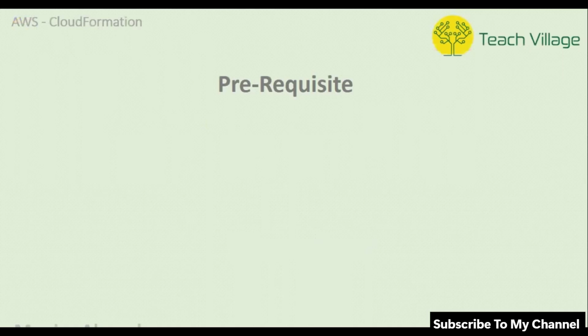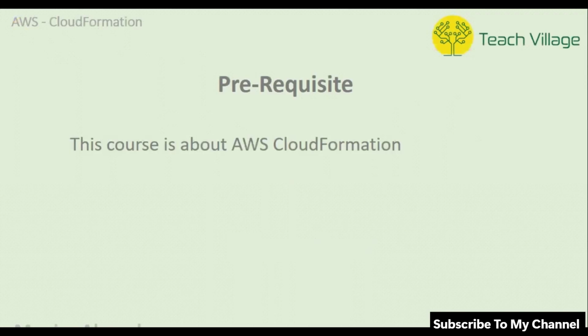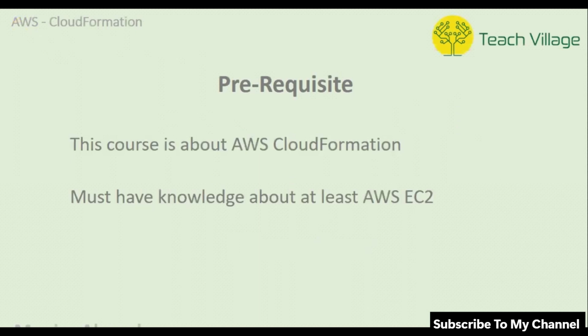To start this course, there are some specific prerequisites. The first is, as this course is on AWS CloudFormation, which automates tasks that could be done by other AWS tools, a learner must have at least EC2 knowledge.